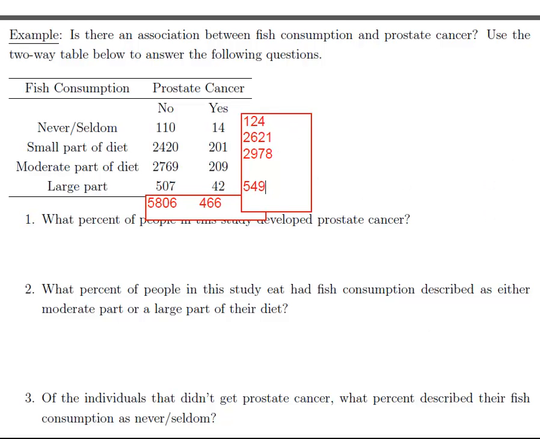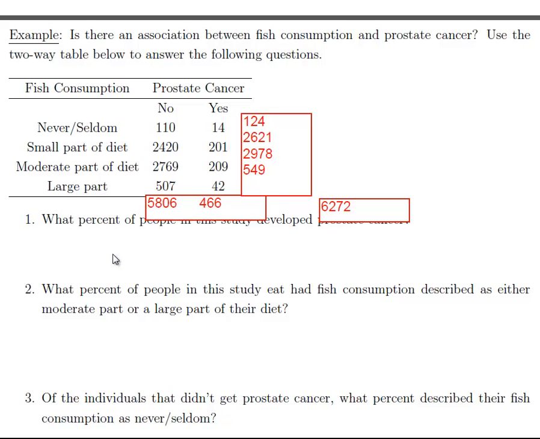And then for the total number of individuals, that turns out to be 6,272. If I added up the rows or the columns, I should get 6,272 for both.